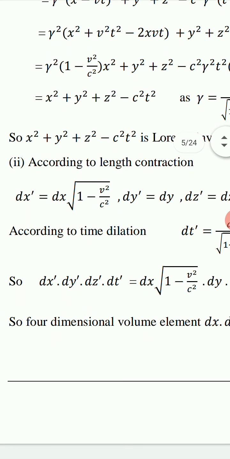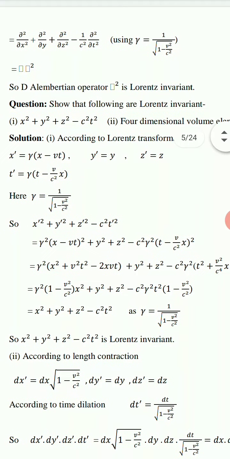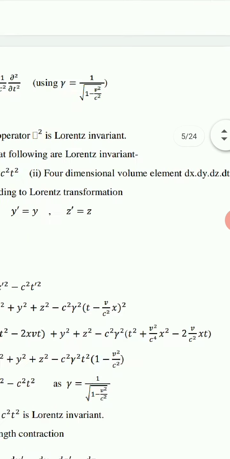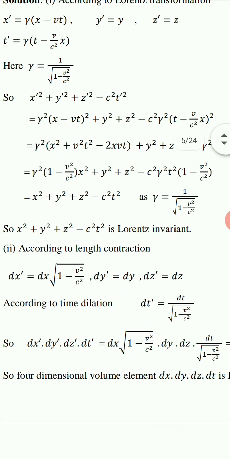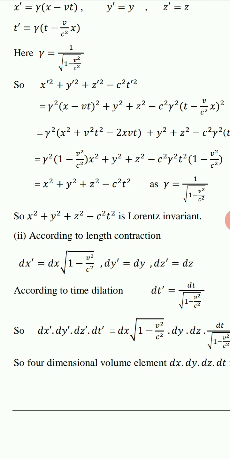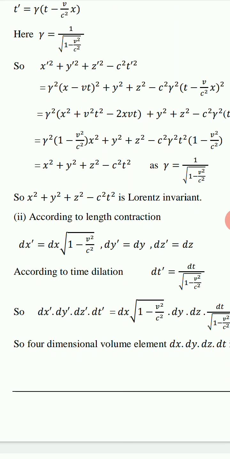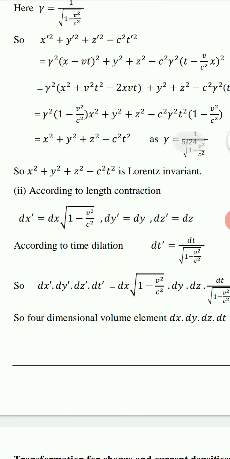To prove the second part, that the four-dimensional volume element dx, dy, dz, dt is Lorentz invariant: the volume element in S dash frame is dx dash, dy dash, dz dash, dt dash, and these are related by these four equations.